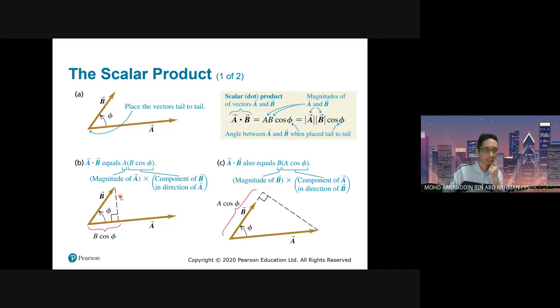It is because this component over here is b cos phi, which is like a bx.